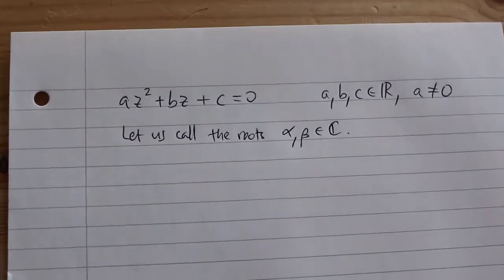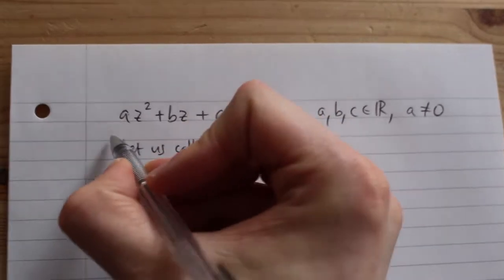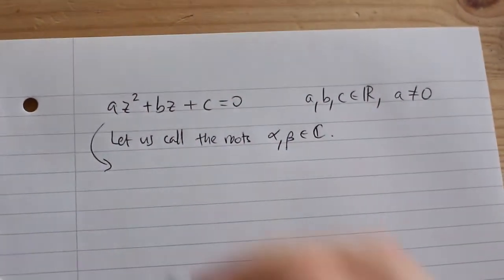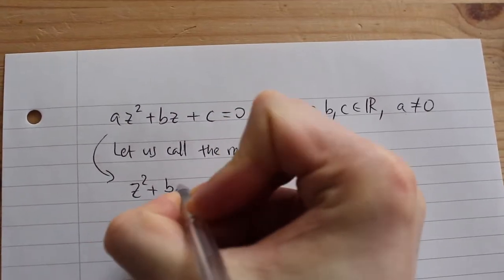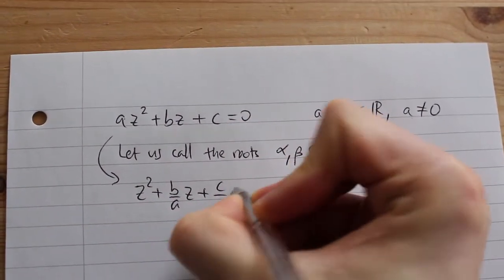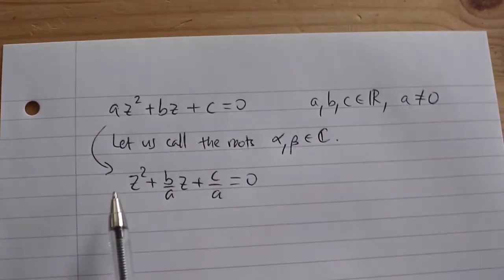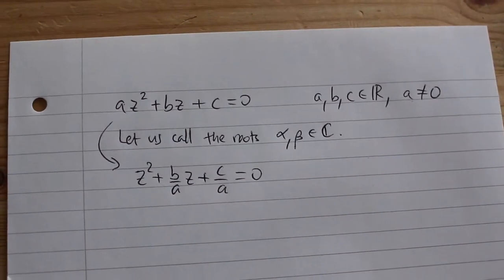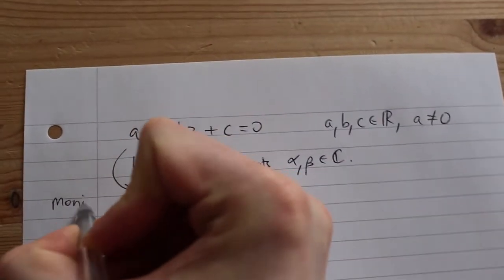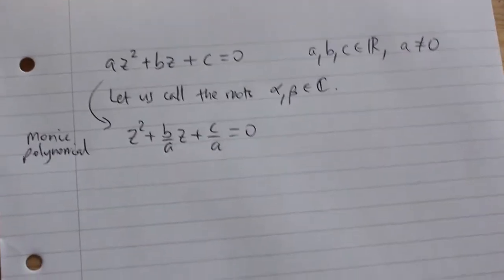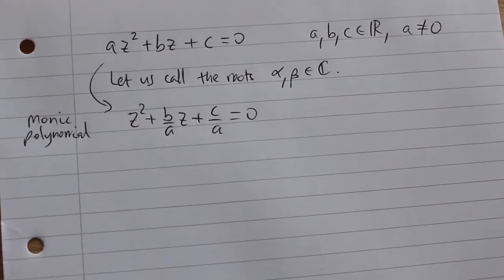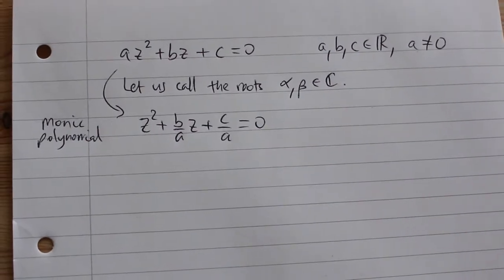So if we take our equation, and we know a is non-zero, so let's divide by a, which makes this a monic polynomial. Monic just means the leading coefficient, in this case the coefficient of z squared, is 1. That's not really important, but we know the roots of this are alpha and beta.